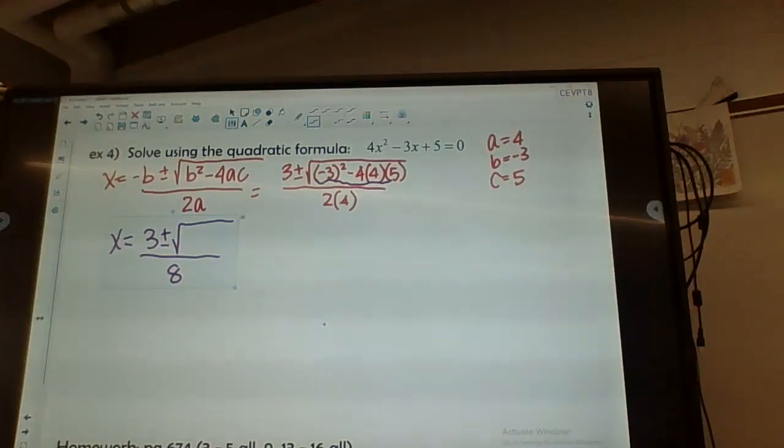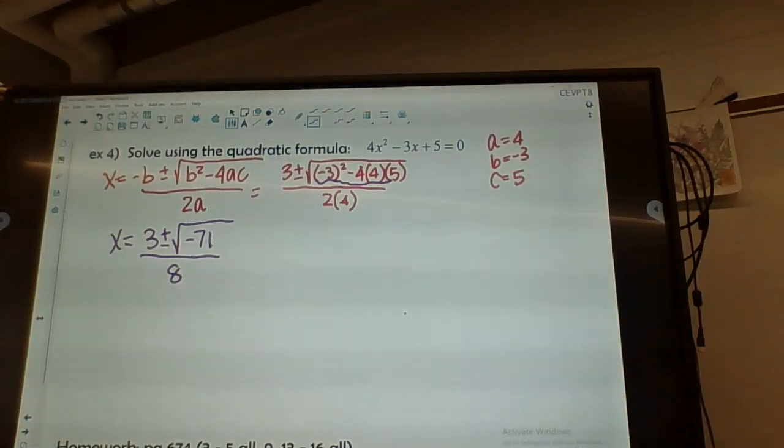All that stuff underneath the square root, put that in. Yeah, that looks good. So we should be getting a negative 71 under there.